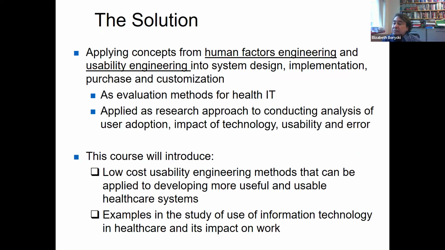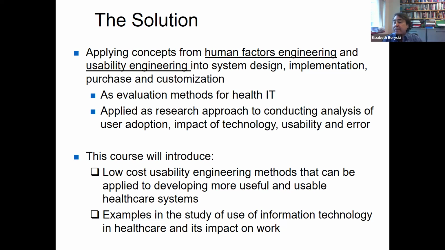So the solution is applying concepts from human factors and usability engineering into system design, implementation, purchasing, procurement. We push that angle in some other countries to get them to use some of the methods I'll talk about today when they're actually deciding on what systems to select, whether it's electronic health record, decision support systems, or AI systems.